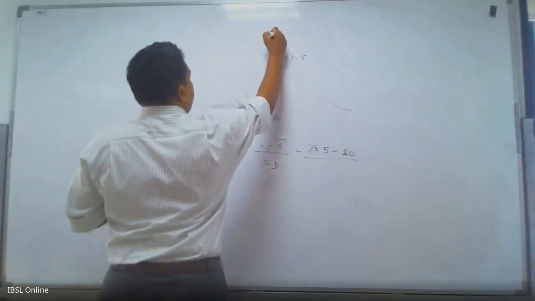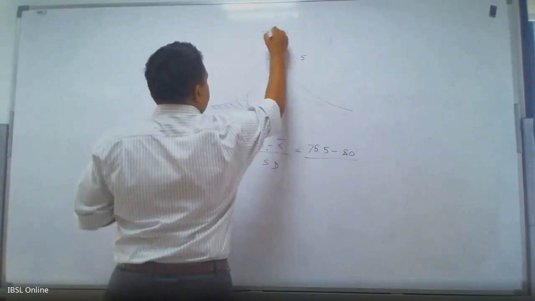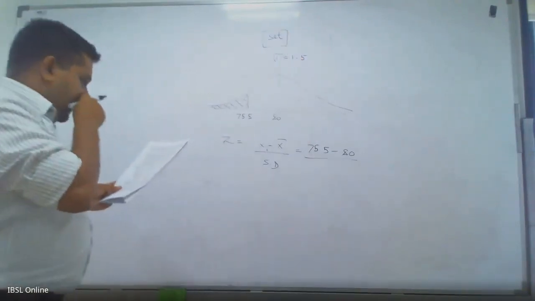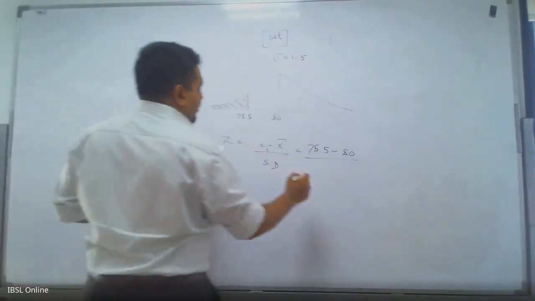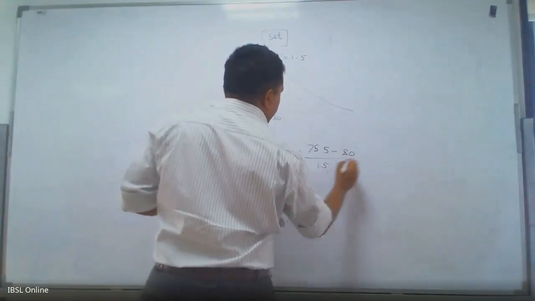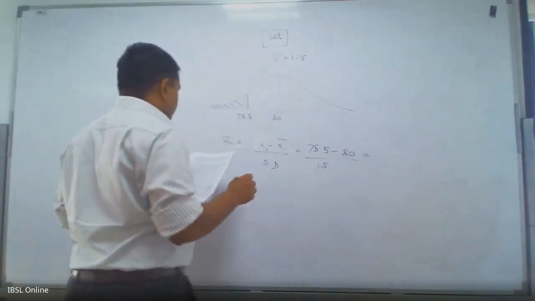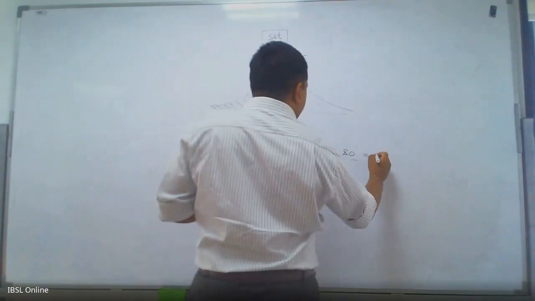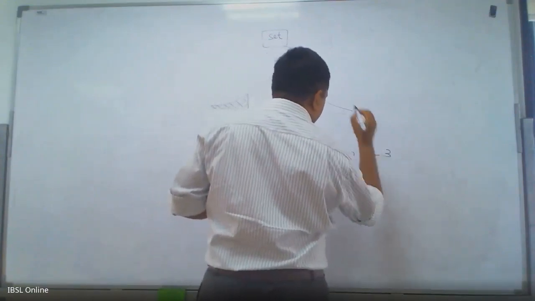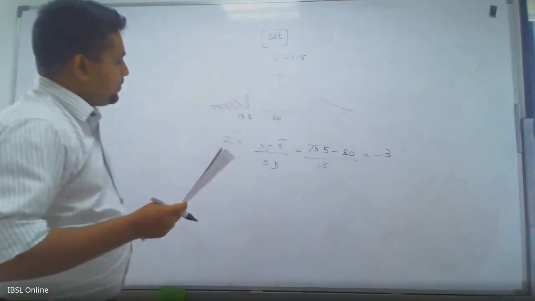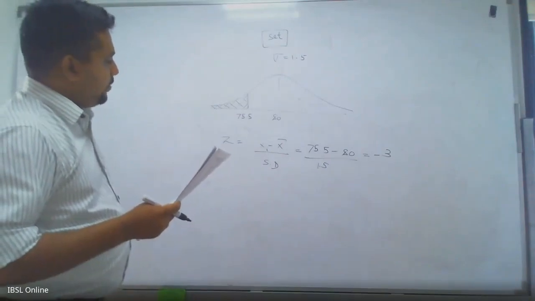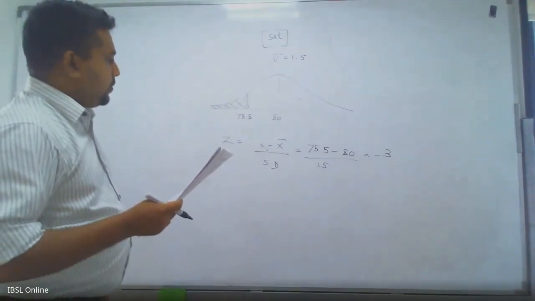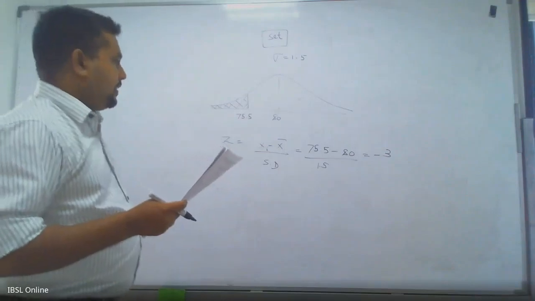I'll write it as set here so that we'll avoid confusion. And the standard deviation is 1.5. So this will give me a Z value of negative 3. 75.5 minus 80 is negative 4.5, divided by 1.5 is negative 3.